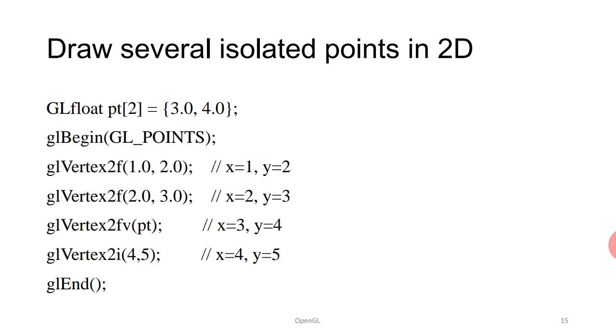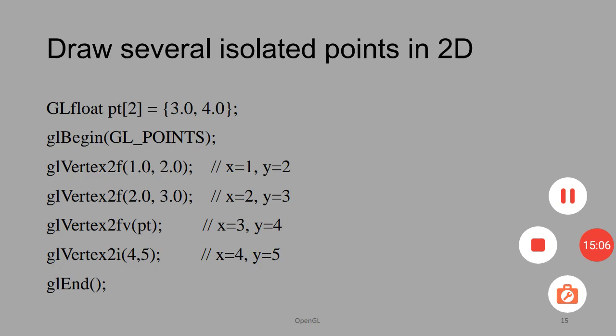And then the last point has coordinates 4 and 5. That is drawn using glVertex2i 4, 5. So here 2 indicates 2 parameters are there, and i indicates the parameters are integers. And then the glEnd function is called to stop.